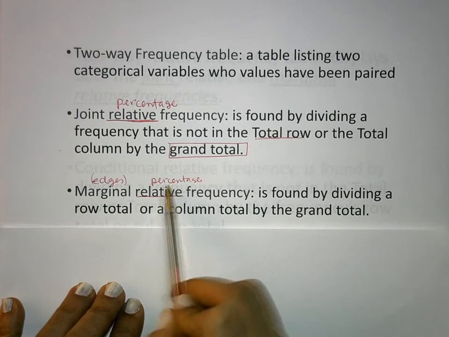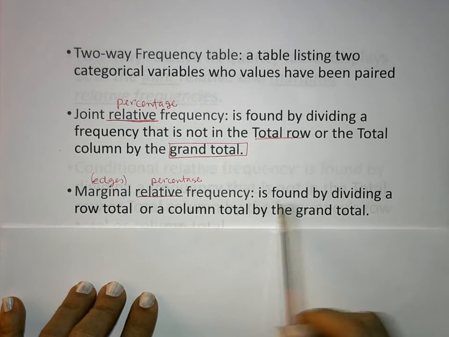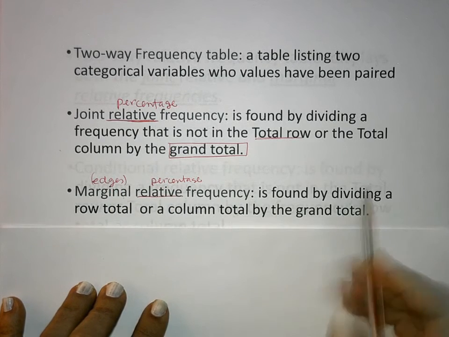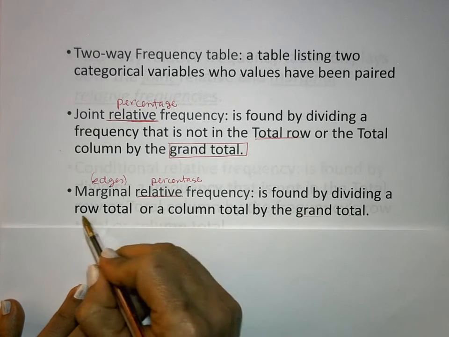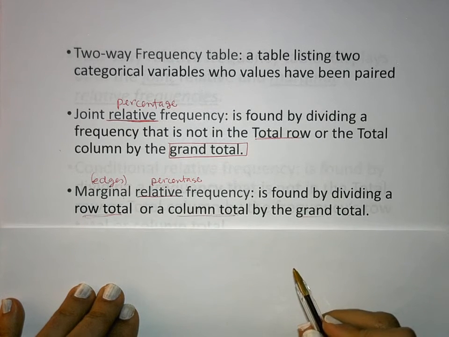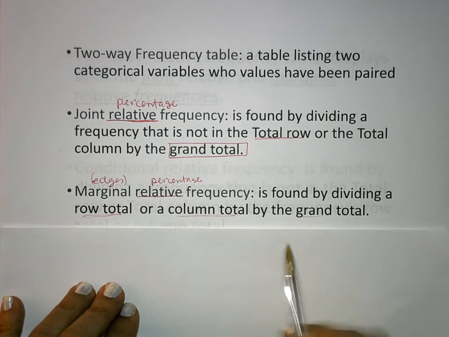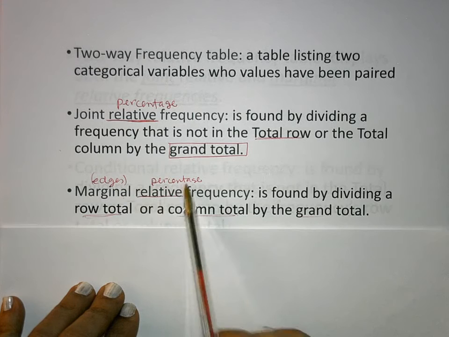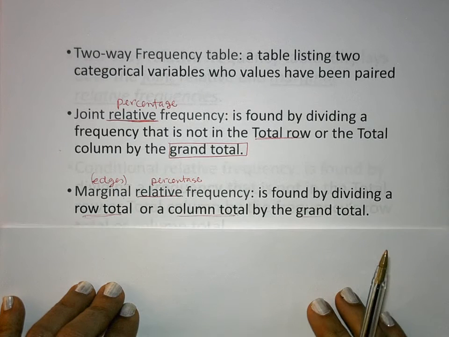The percentages of the edges are found by dividing the row total or the column total by the grand total. So now I am talking about the rows and the columns. Row. Oh my gosh, that's so hard. All right, so now we're talking about the margins, the percentage in the margins.